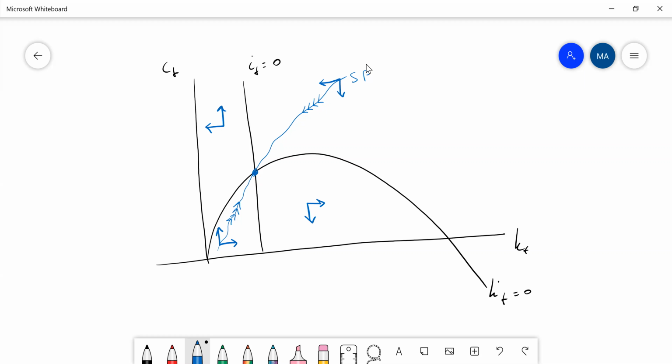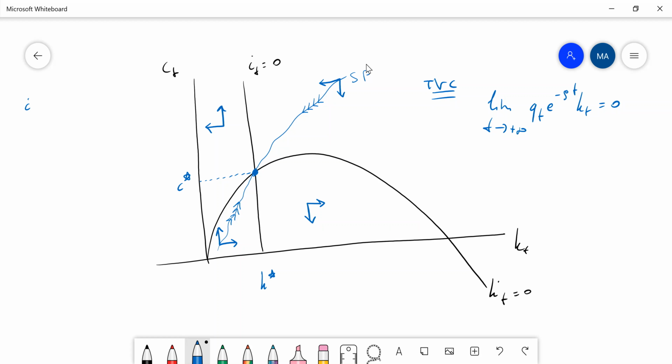So now how do we check the transversality condition? Once again, let me rewrite it here: q_t e to the minus rho t k_t. In this steady state, this is K star already, and we can denote the consumption by C star. Remember how K star is found.